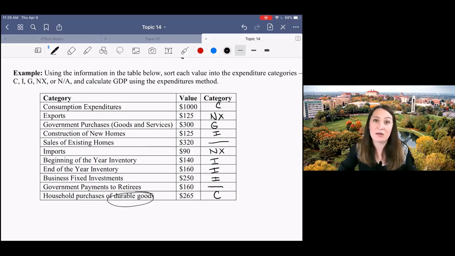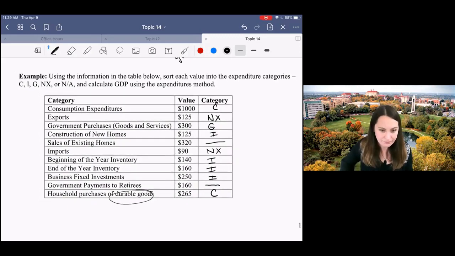These are purchases that are easy to postpone. So if you're nervous about the economy, you're not going to run out and buy all new appliances or buy a new car. You'll just stick with the one you have a little bit longer. So household purchases of durable goods gives us some sense about consumer confidence in the economy, which in and of itself is an important measure of what's going on in the economy.